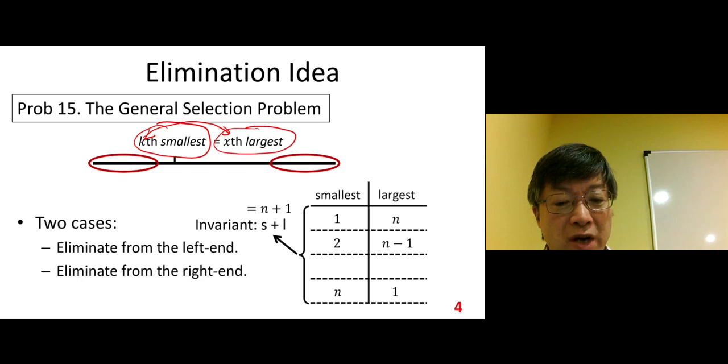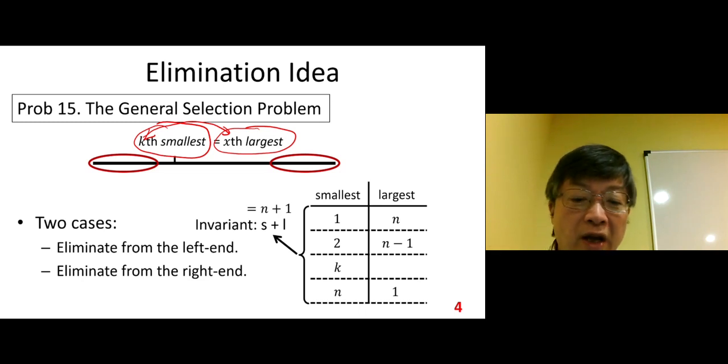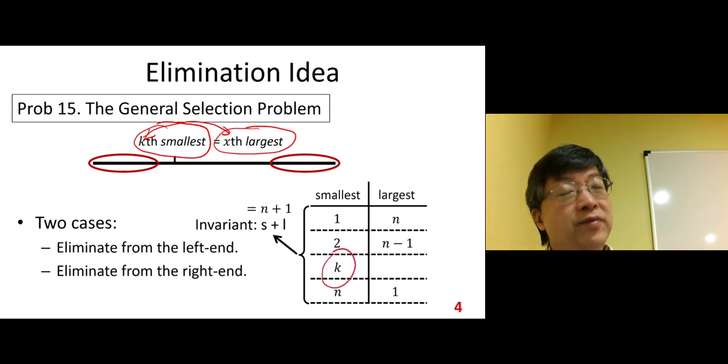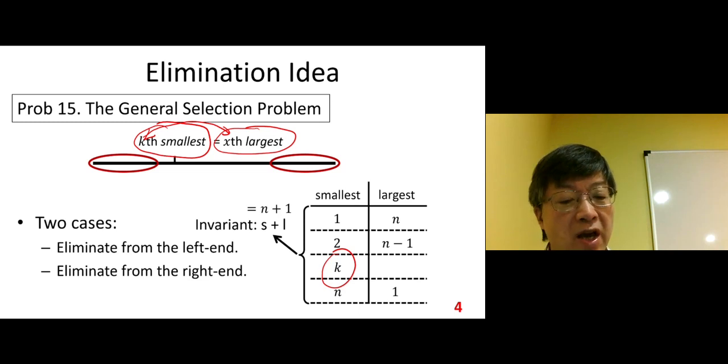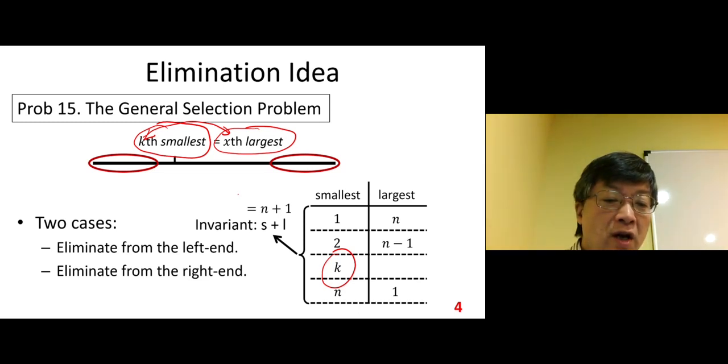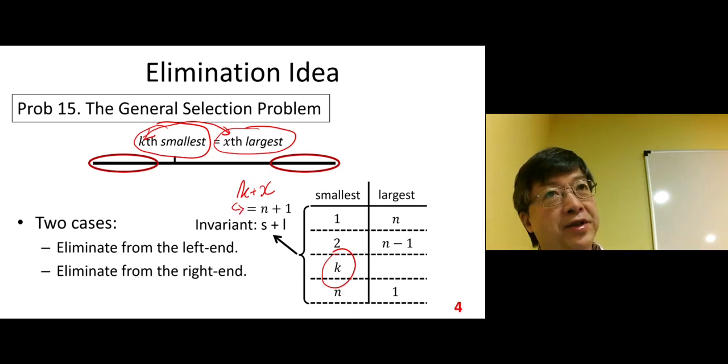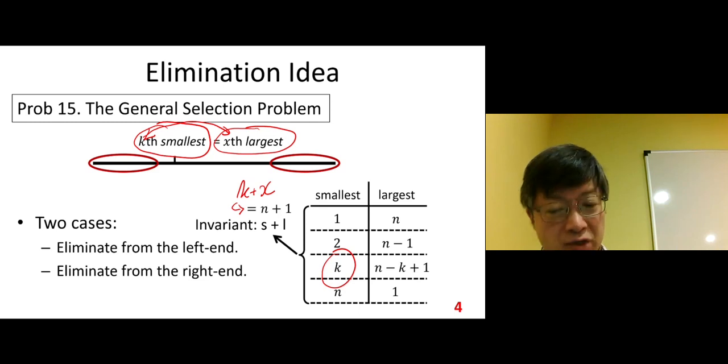So we can look at the general case. For the kth smallest, what is the x number for the largest? The sum k plus x equals this number, so you can find x: x equals n minus k plus 1.